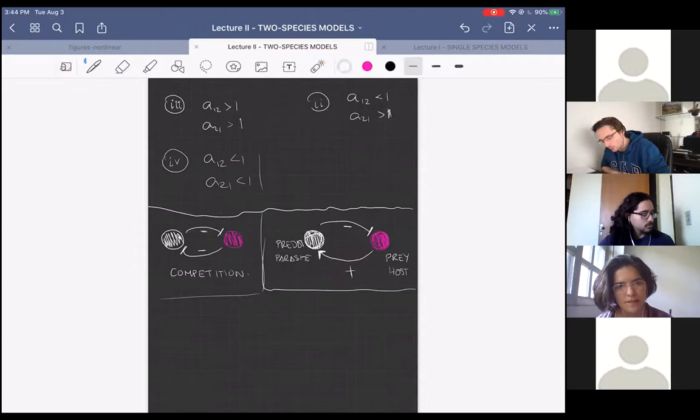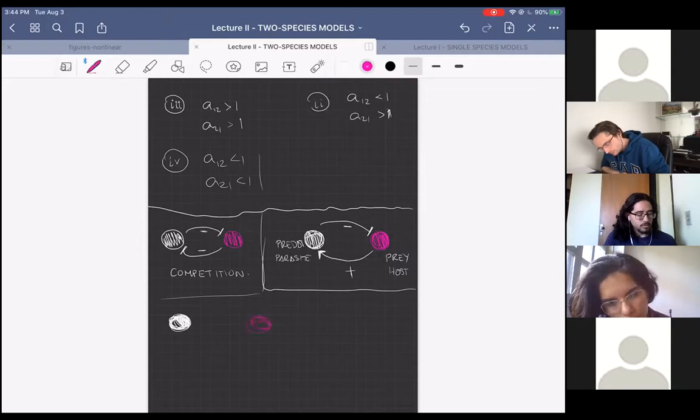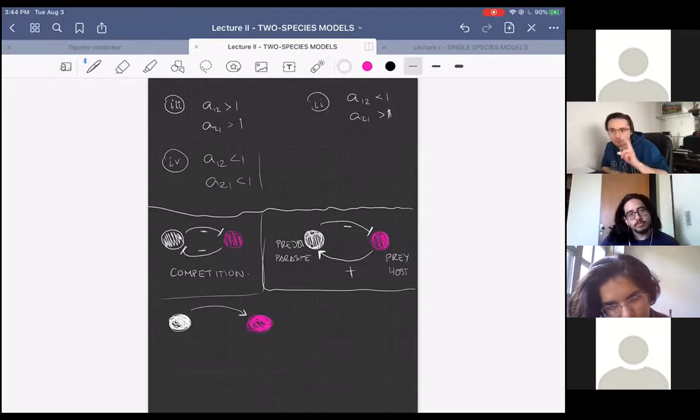But before that, I want to put a third type of interaction that I find very, very interesting, and that maybe many of you also know already, that is one in which a species 1 helps, or favors the growth of a species 2, and a species 2 helps the growth of a species 1.